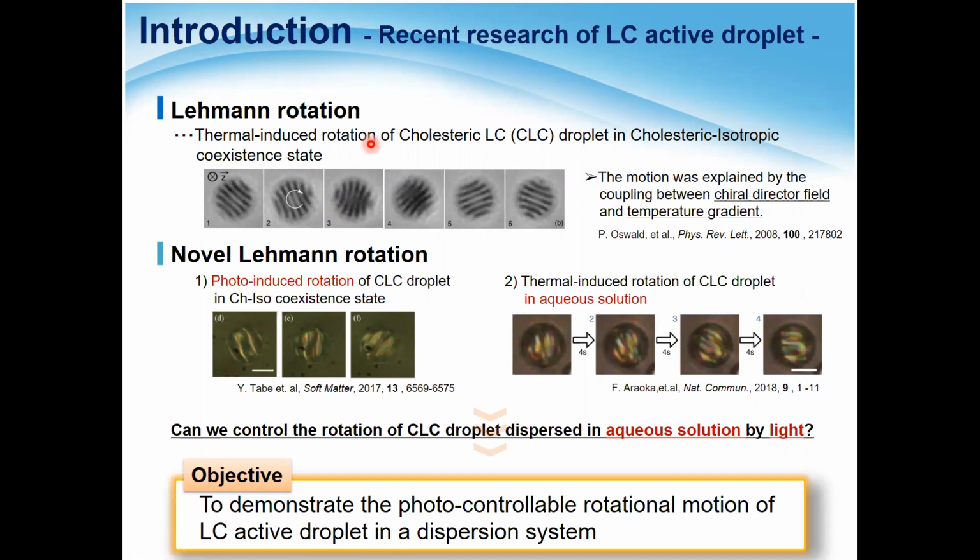It was discovered that the cholesteric liquid crystal rotates, more than 100 years ago by Professor Lehmann, which is called the Lehmann effect.